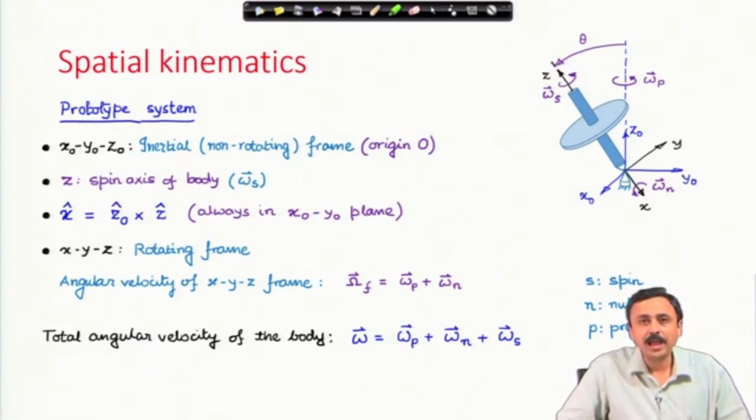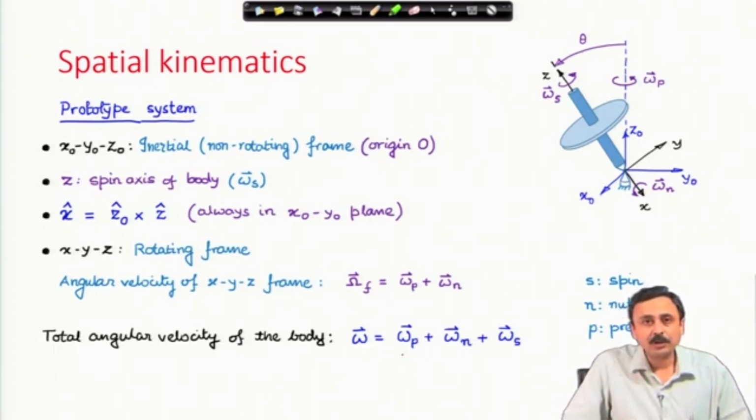Therefore, the total angular velocity of the body is the angular velocity of the frame plus the angular velocity of the body with respect to the frame. To an observer who is fixed to the xyz frame, that observer will see the body spin about the z axis of the frame.